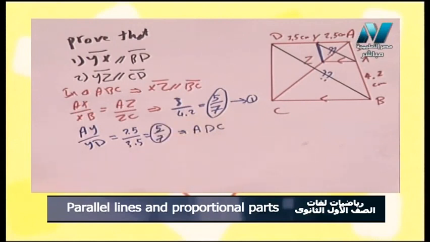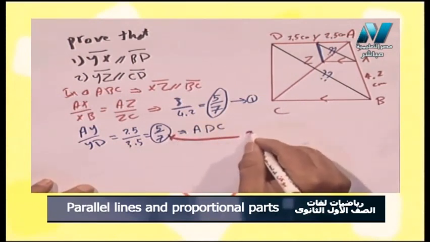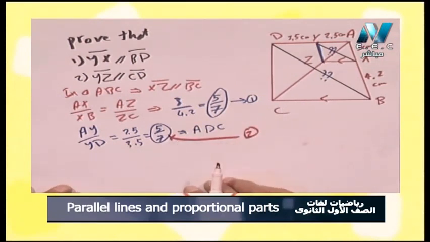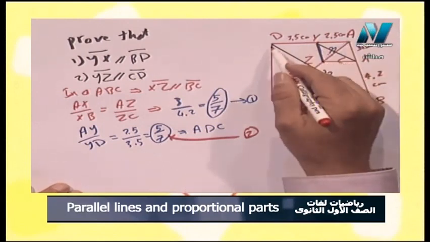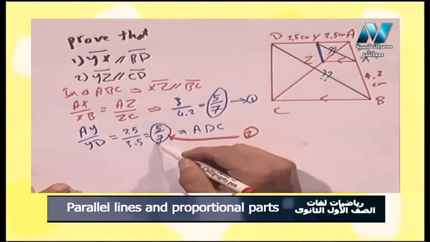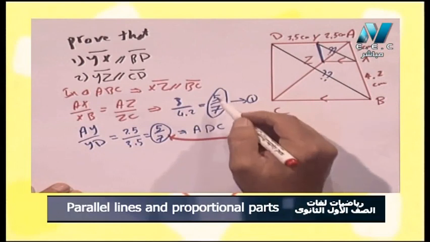And this is number 2. Okay, we have AY over YD equal 5 over 7, and AX over XB also equal 5 over 7.